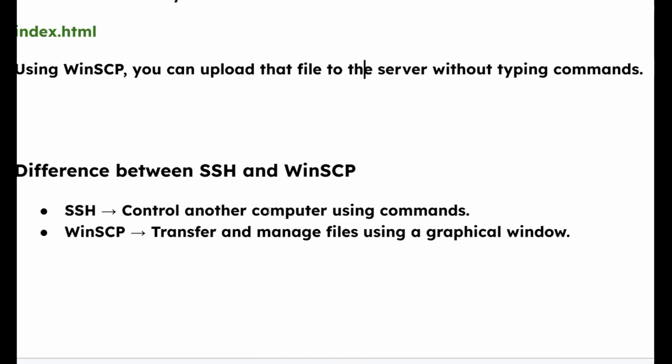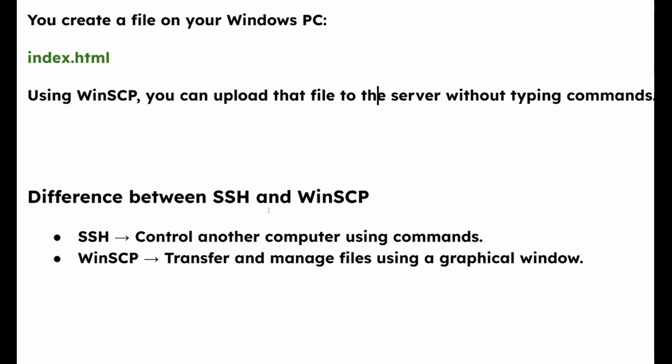Now, in the last video, we understood how we use SSH, right? So what is the difference between SSH and WinSCP? With the help of SSH, we control another computer using commands, right? We have understood about MobaXterm and other tools, right?